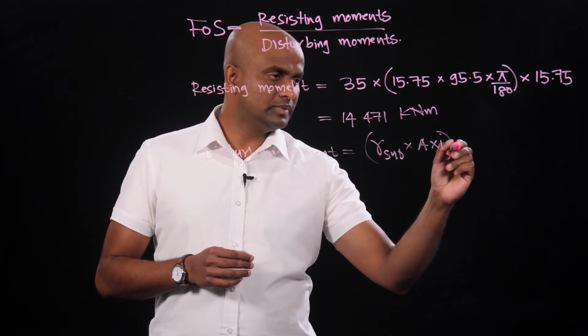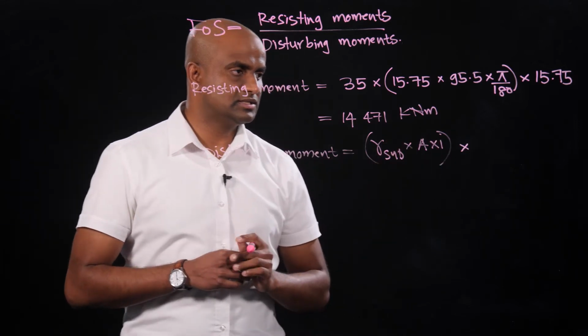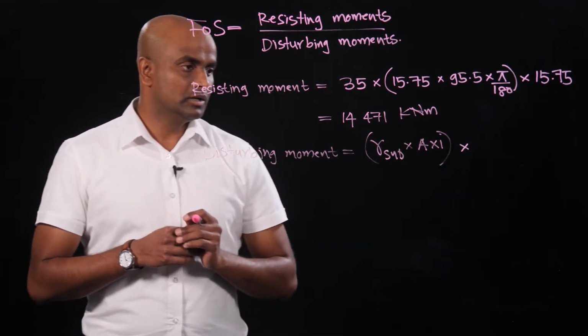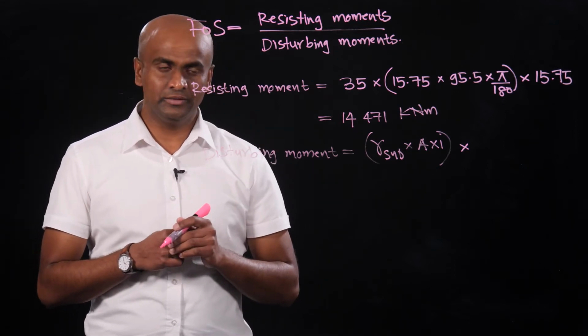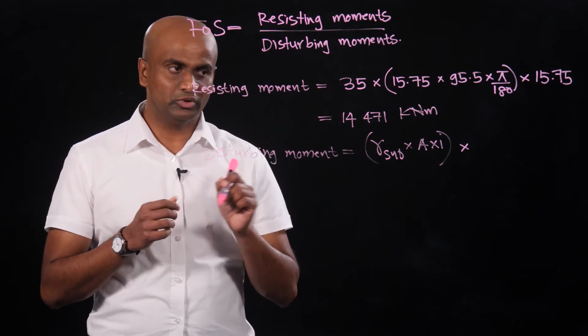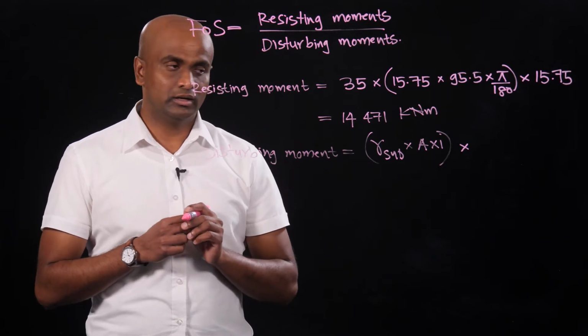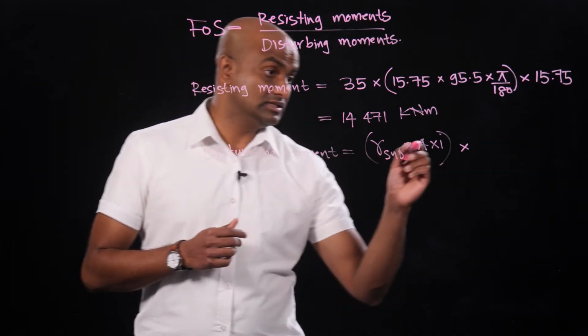Then you need to multiply this by the perpendicular distance. This weight acts from the center of gravity, which is 3.2 meter away from the center of the circle.